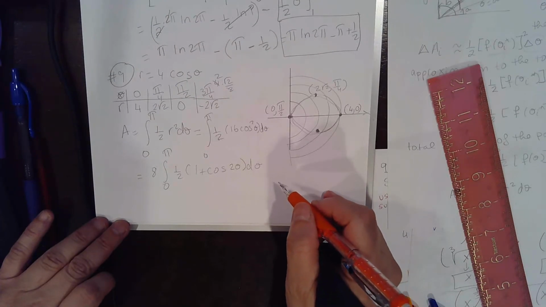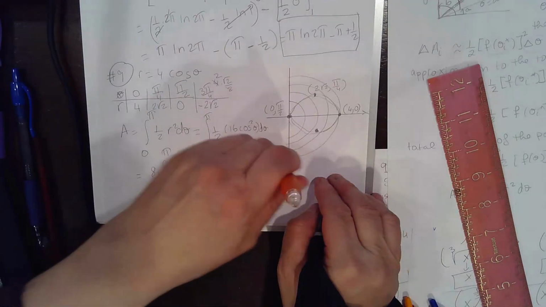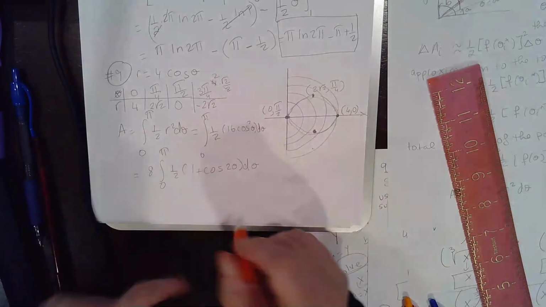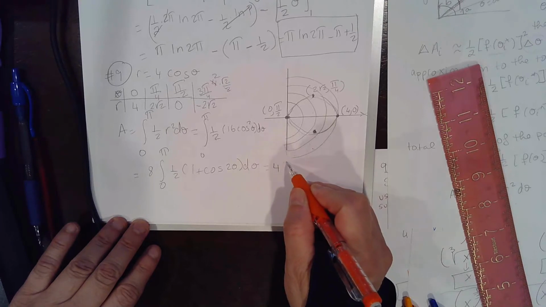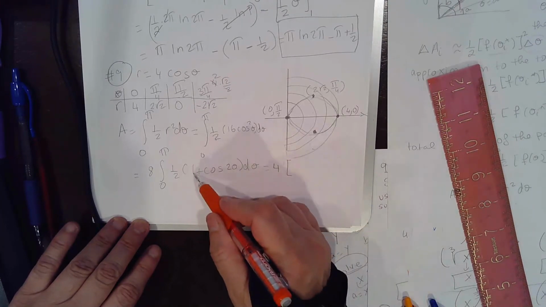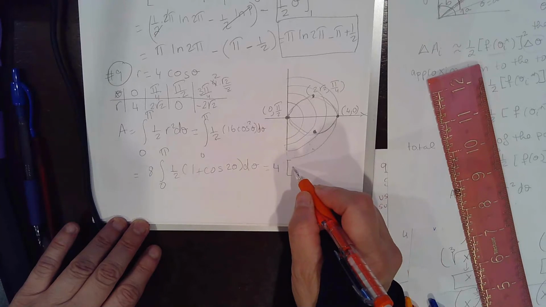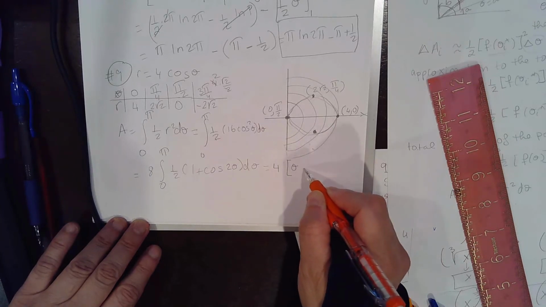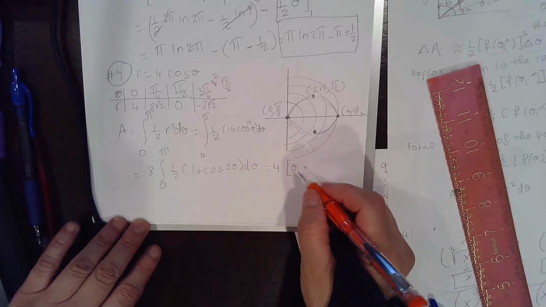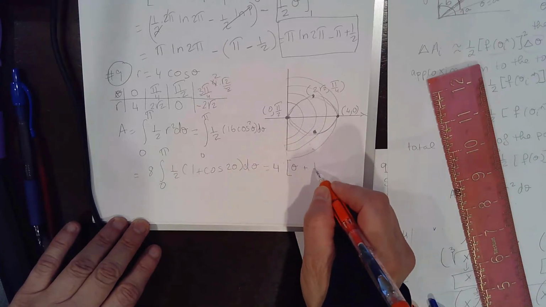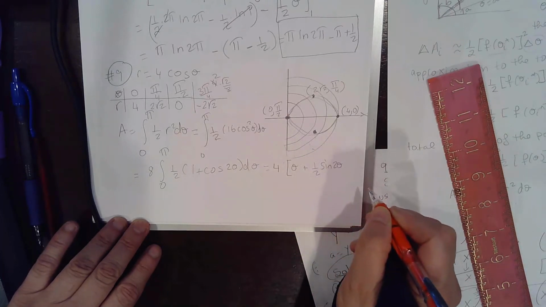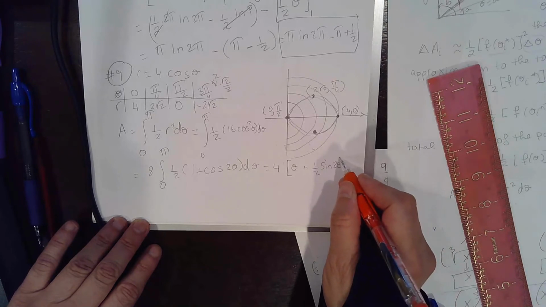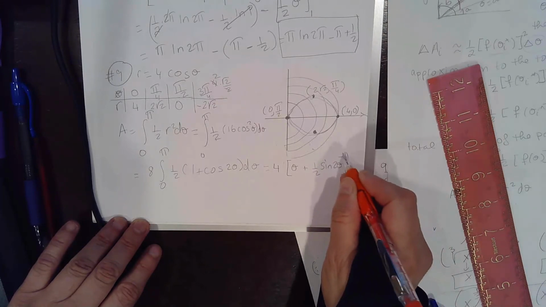And now let's go ahead and simplify it. If you pull out the 1/2, you get 8 divided by 2, that's a 4. And the 1 d theta integrates as theta, plus the integral of cosine 2 theta, which is 1/2 sine 2 theta, right? So it's going from 0 to pi.